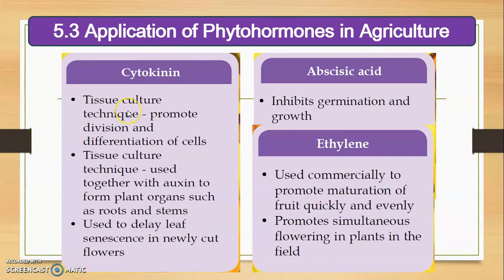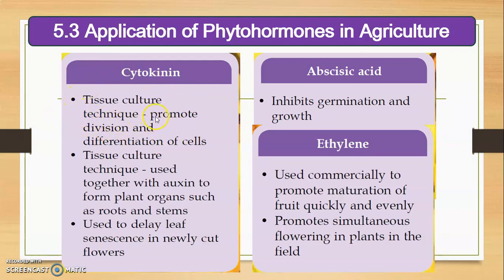Okay, cytokinin is used in the tissue culture technique. Okay, I repeat, cytokinin is used in the tissue culture technique, which promotes division and differentiation of cells. Okay, do you still remember the tissue culture technique?